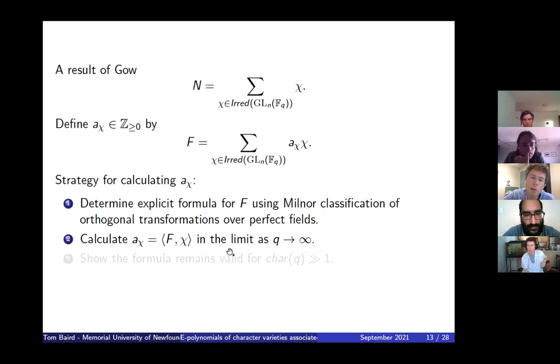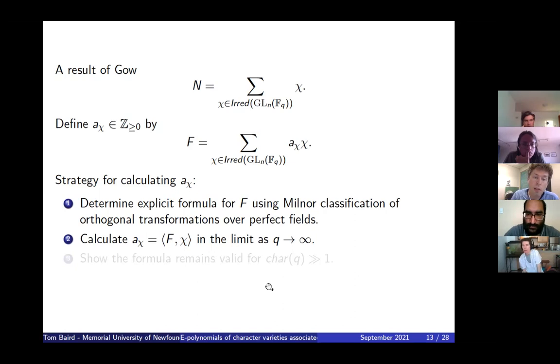But if you consider the limit when q goes to infinity, where q is this prime power, the order of the finite field, then a lot of the complication disappears. You have all these polynomials cropping up, and you can essentially ignore everything except the leading order terms, and you can actually get formulas.